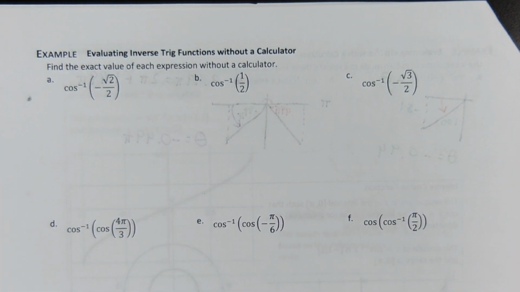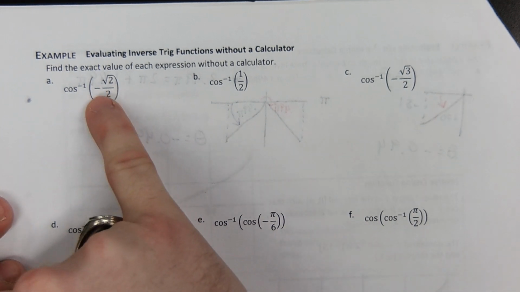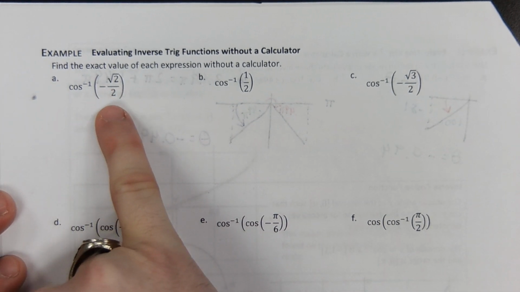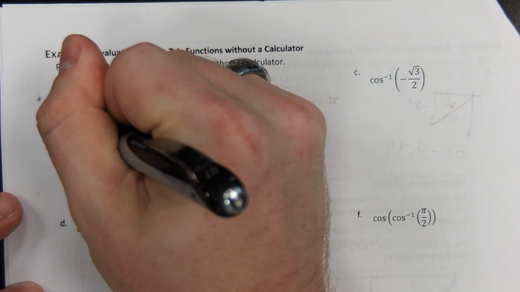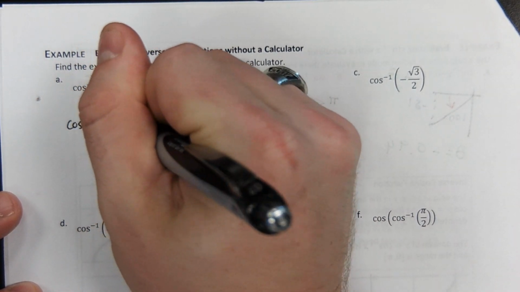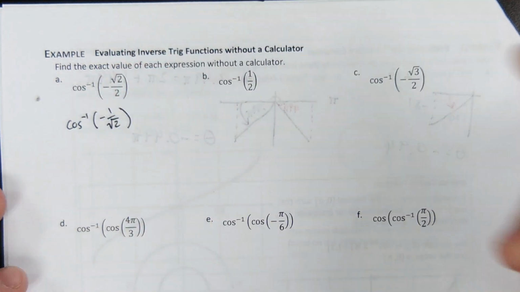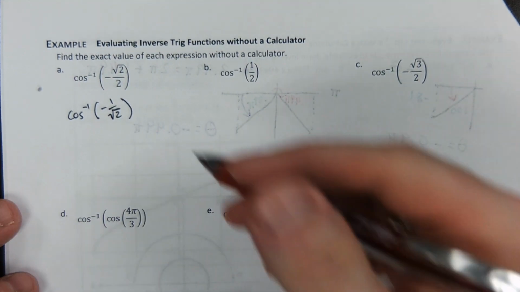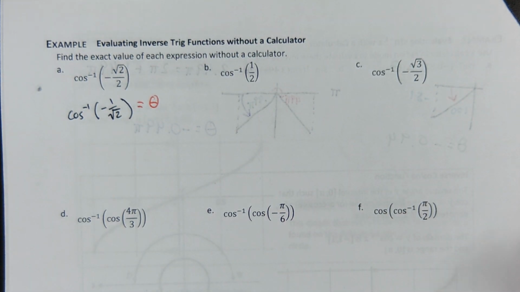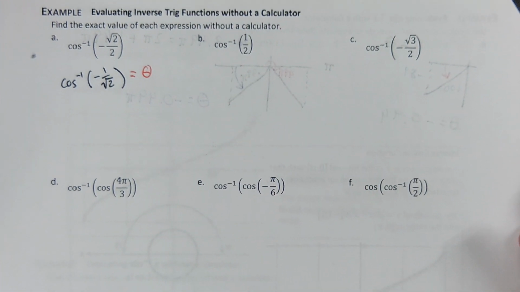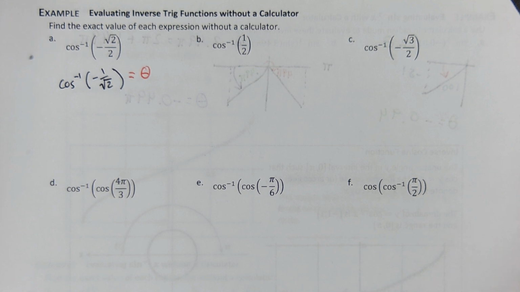Cool? All right. So we're actually reading this as cosine inverse of negative 1 over root 2. This says there is an angle, so that cosine of that angle gives me negative 1 over root 2. What is the very first quadrant that cosine would have given us negative values?